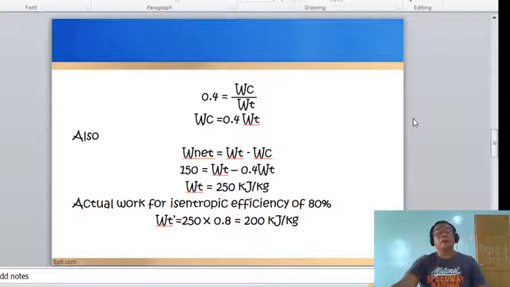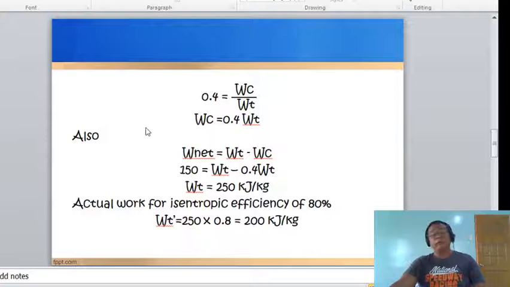Substituting values now. The back work ratio is given as 0.4, that is the compressor work over the turbine work. Getting the compressor work in terms of the turbine work, that is 0.4 of the turbine work. So only 40% of the turbine work is the compressor work. Also, net work is equal to the turbine work minus the compressor work.